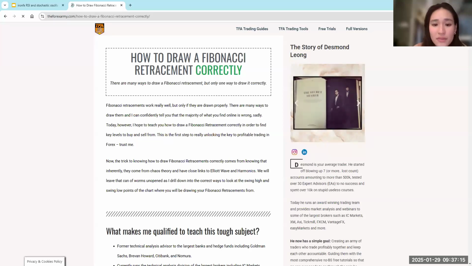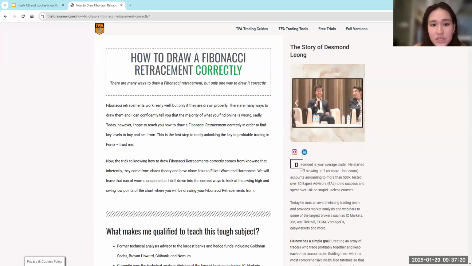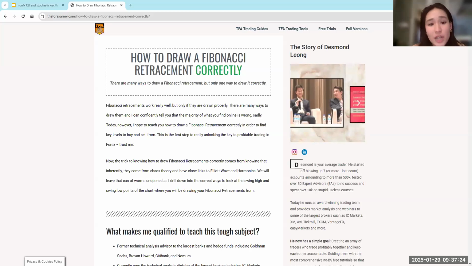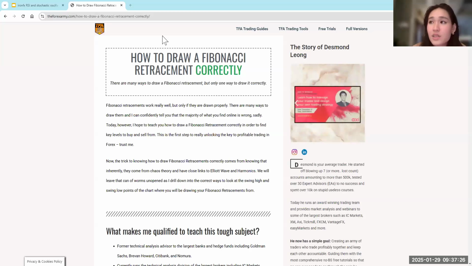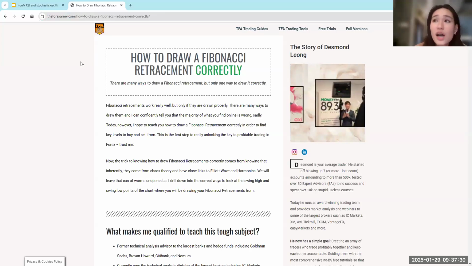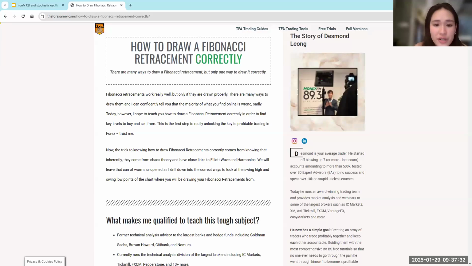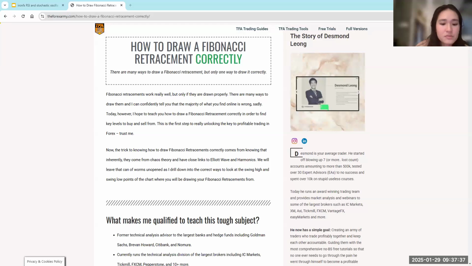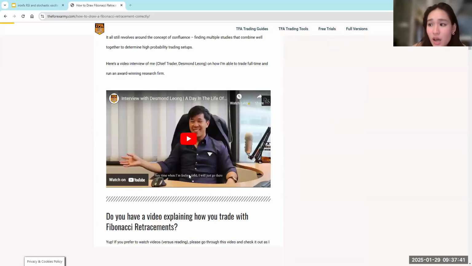But for now, if you're curious to know a bit more about Fibonacci, since I did touch on it and I use it in every single one of my charts, feel free to look at this website. It's forexarmy.com, how to draw a Fibonacci retracement correctly. I'll just pop the link in the chat. It's completely free to use.